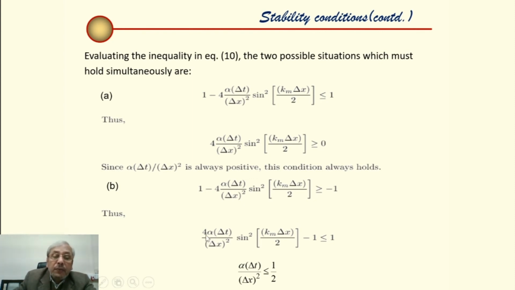So 4 alpha delta t by delta x square sine square km delta x by 2 minus 1 is less than equal to 1. Just from here, logically we can write this. Now combining these two, alpha delta t by delta x square has to be less than equal to half.